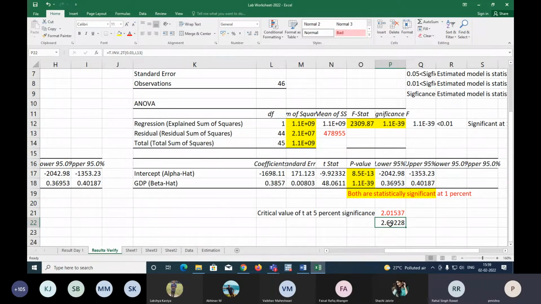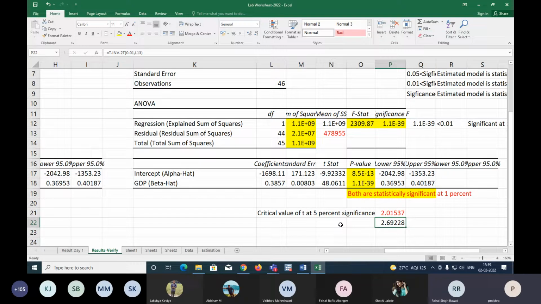I'll just tell you how important this selection of significance level is. Suppose the computed t value is 2.5. What does it mean?